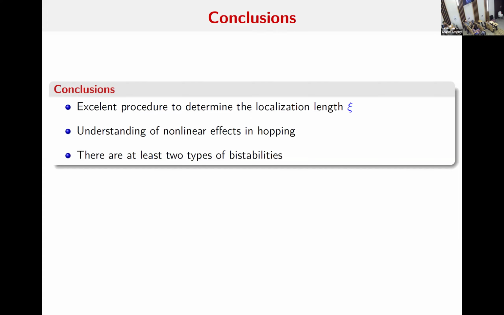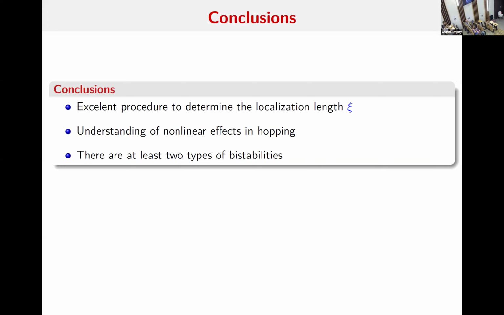But with the exponential field effect, you can obtain the localization length without any other factor intervening. Then I think that these types of experiments are very nice to understand nonlinear effects and give a lot of information, and not so many people have worked on this regime. I don't know why.